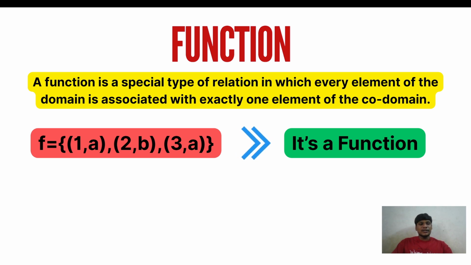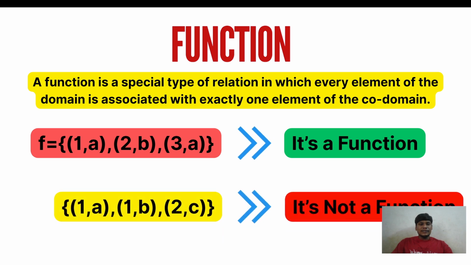Domain 1 is associated with a, 2 is associated with b, 3 is associated with a, and it's called a function. So, example for not a function. Here, the domain 1 is associated with two codomains A and B. So a domain element should have only one associated codomain element. It should not be assigned to two codomain elements. So it's considered as not a function.